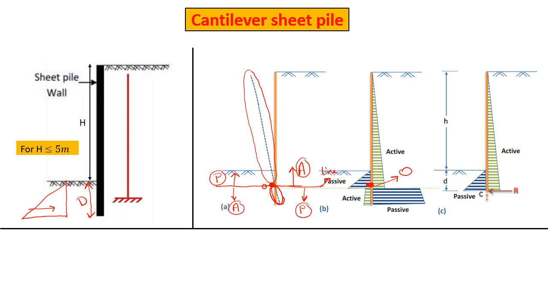You can do this by assuming that these stresses here, you can replace these stresses by just one force, which is called R, as if it's a resultant force passing through this point, which should be very close to the point of rotation O. So here, this is for design purposes.